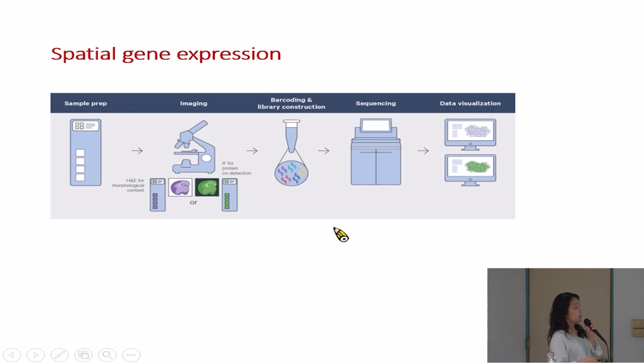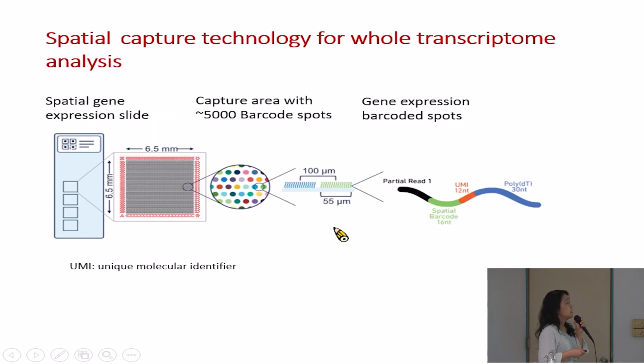And after IF for protein detection, we use barcode and library construction. After sequencing, we can see which gene is located in a specific tissue area.